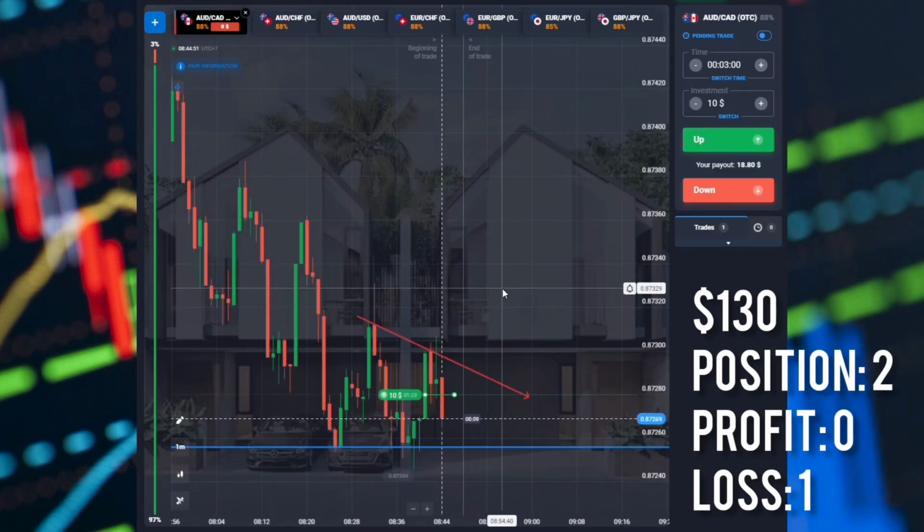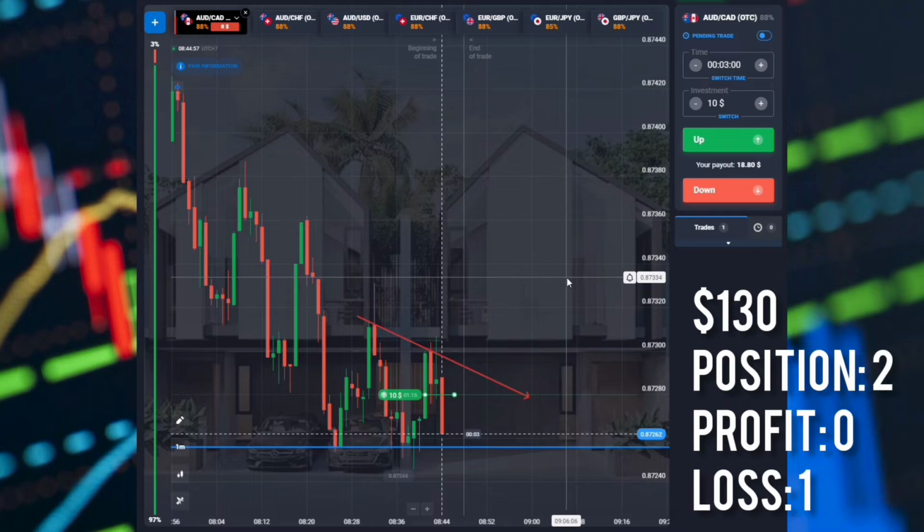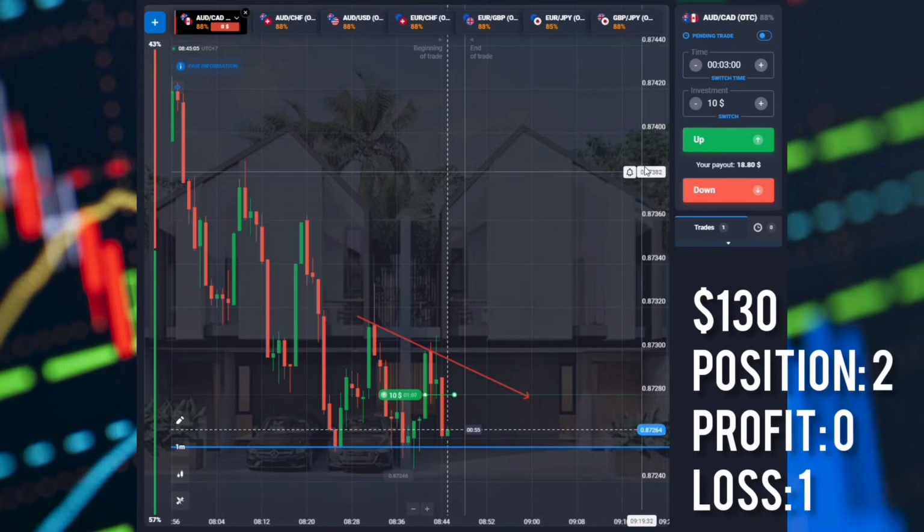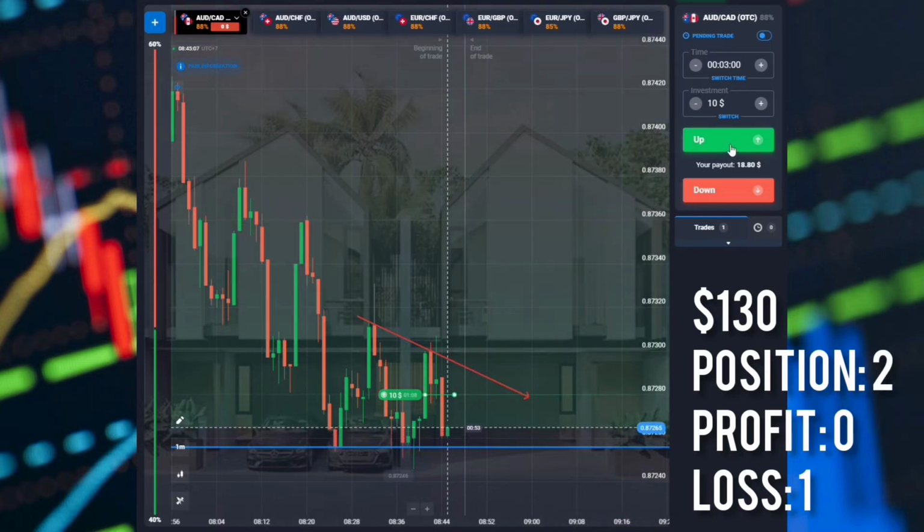Okay, here comes the other one. Okay, I made a mistake on this previous open position, but this chart is going to hit the resistance. Sorry, the support below. So I'm going to open a buy position.